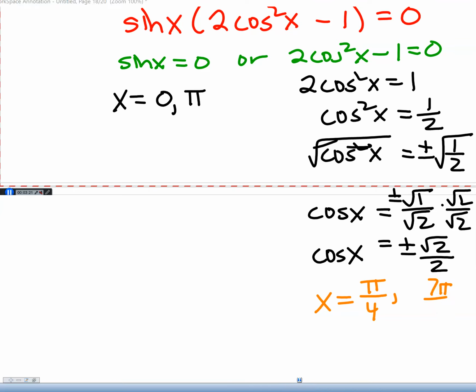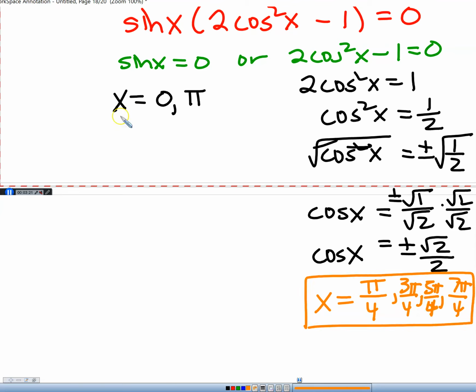And then in the second and third quadrants at 3 pi fourths radians and 5 pi fourths radians. So we have these 4 angles here and those 2 angles there, no repeats, and so we get 6 angles in this one.